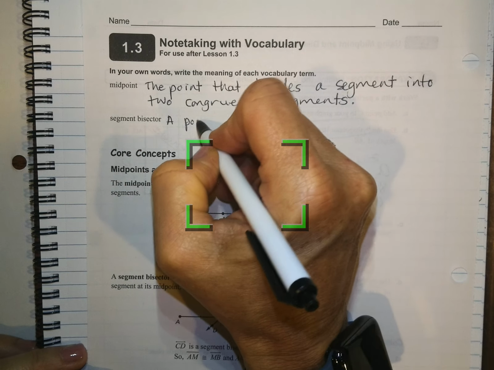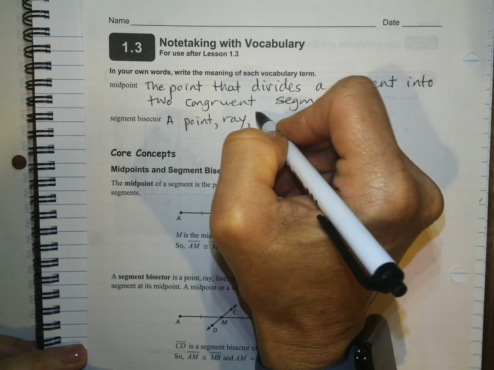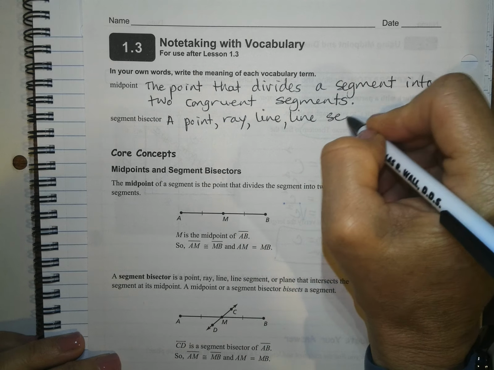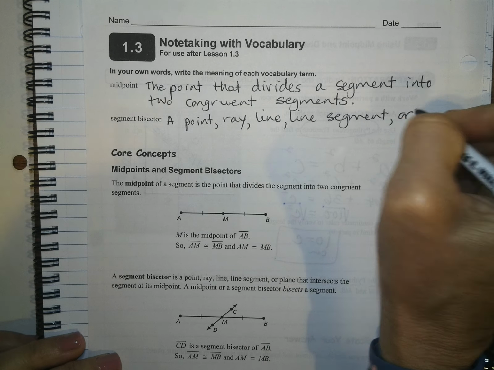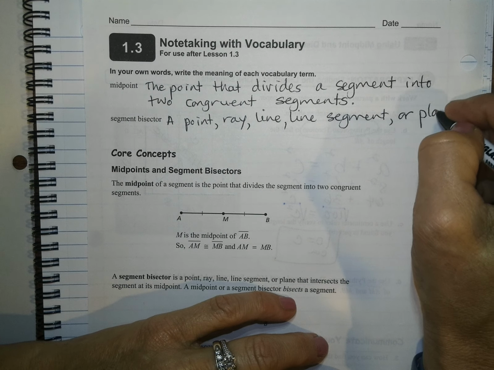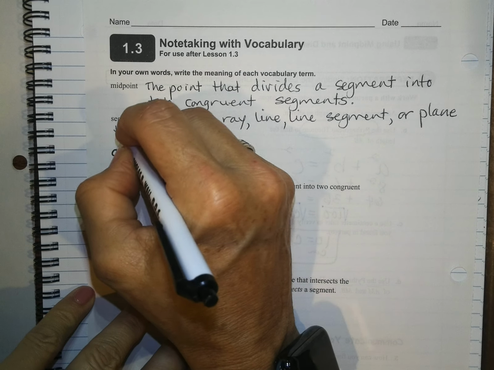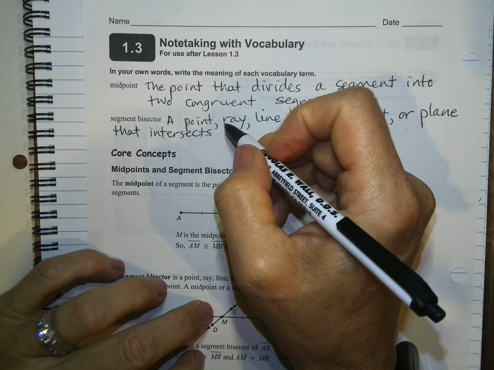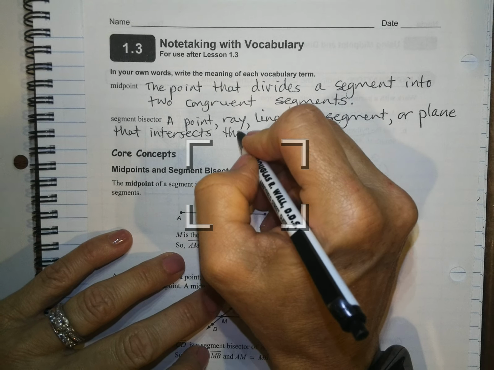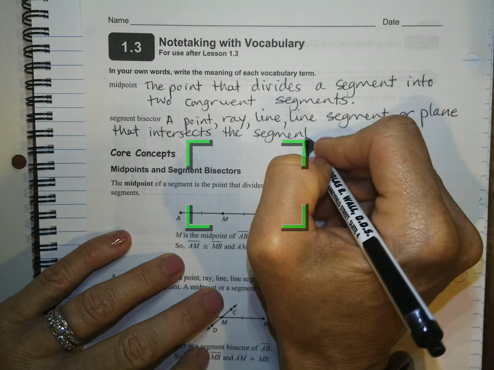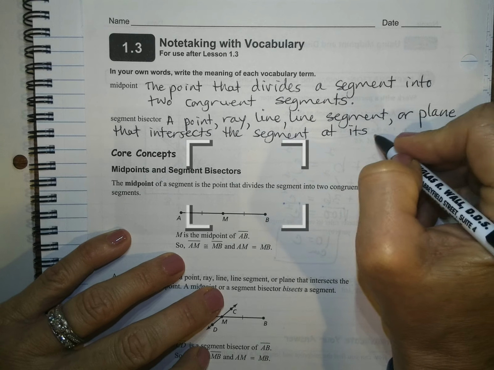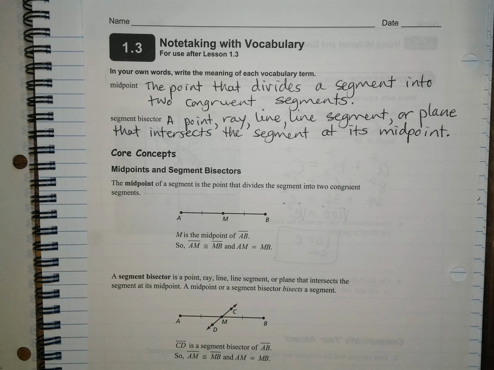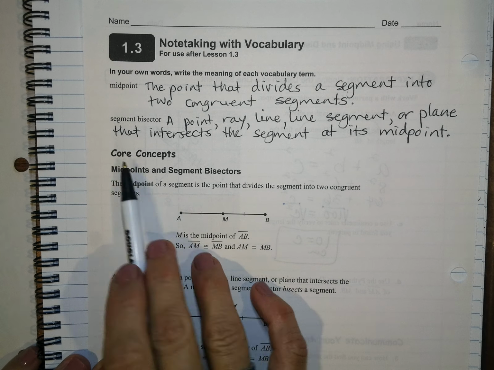It's a point, ray, line, segment, or a plane that intersects the segment at its midpoint. Slightly different. Okay, so here we go on our core concepts.